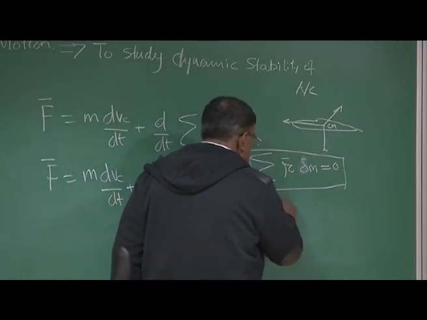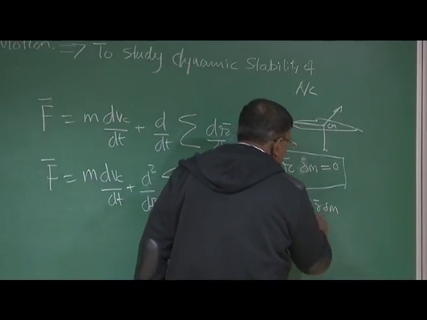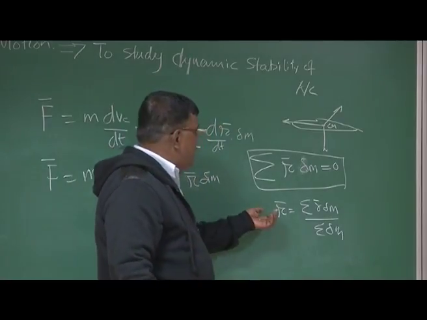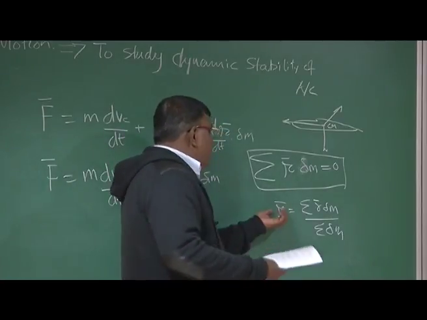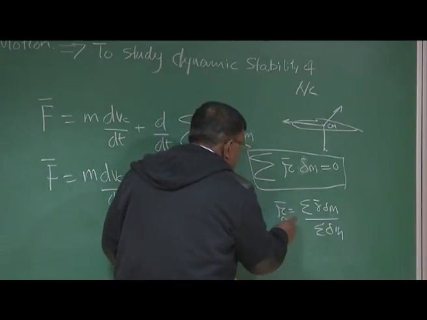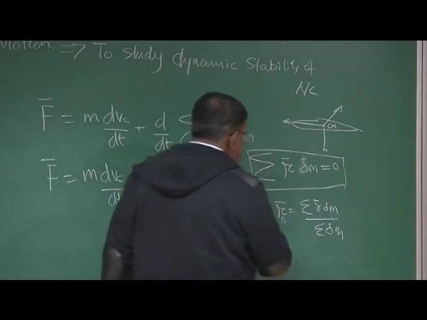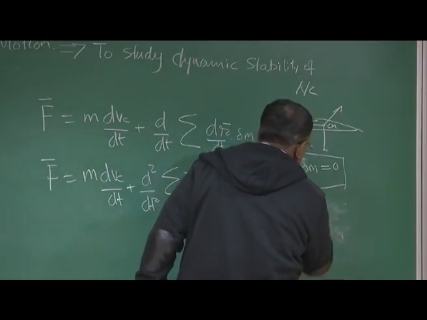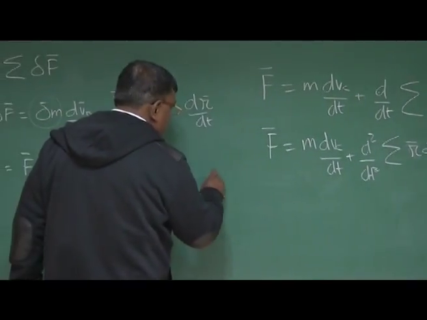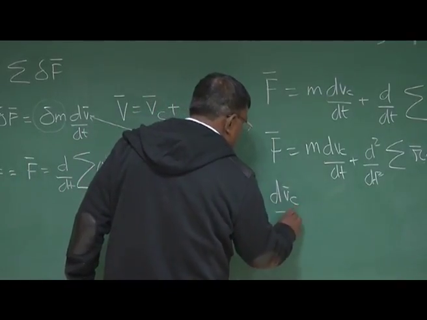Any center of mass location is summation of r dm by summation of dm. Now since your axis is at CG, this value becomes 0. So naturally summation r dm becomes 0. This is the definition of center of mass. I am sure you should be able to understand this. If this is 0, then what I am having is F is equal to m dVc by dt.